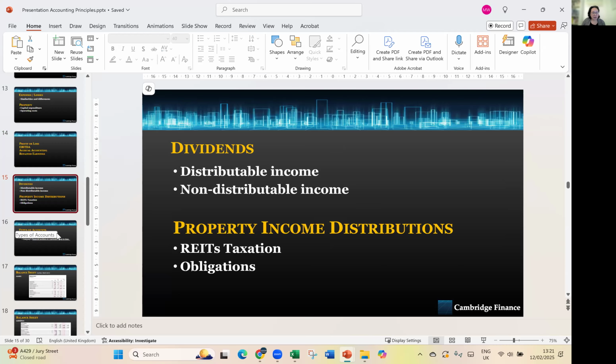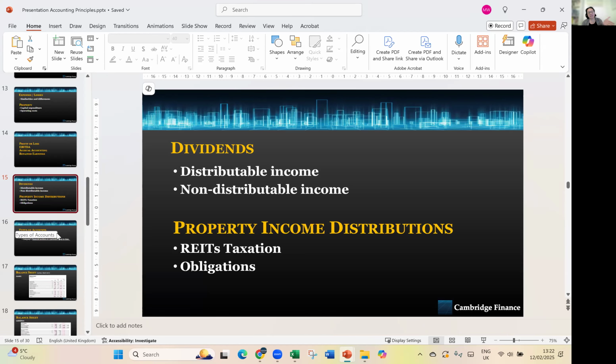And then another thing that we need to know as a property person is the dividends, because of how the legislation goes in real estate. If you have, for example, REIT status, which means that you are a real estate investment trust, as I mentioned, you don't pay corporation tax, so you'll be saving, in fact, 25% these days of your income because you don't need to pay the taxes.